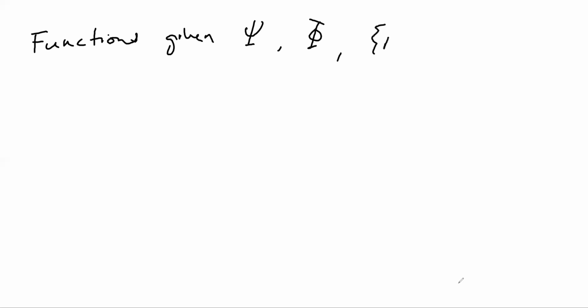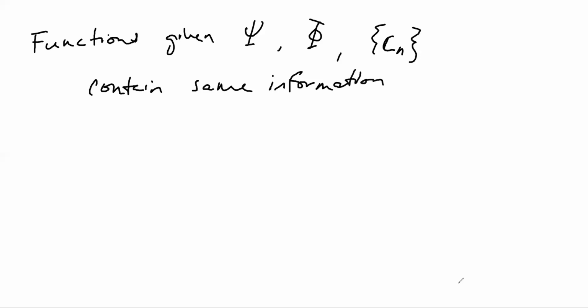So our functions that are given by psi, given by phi, given by our collection of coefficients that is Cn, so that whole set, contain exactly the same information. And they are three ways to describe that same vector. All right, so we can use all three of these things. If you've got one, you can get to the other two, right?